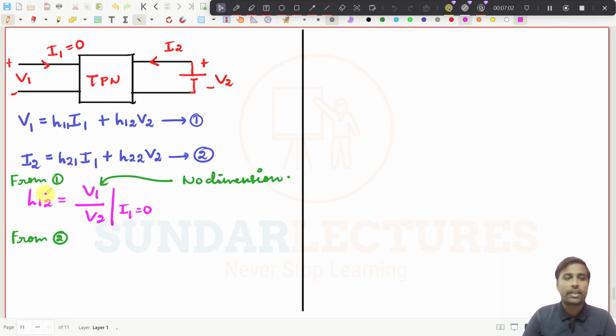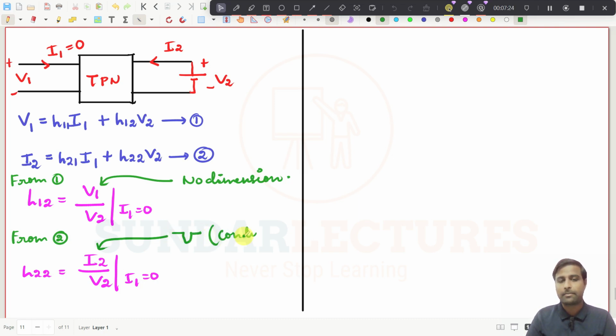Obviously, you will get this term to be 0. So H22 will be equal to I2 by V2 with respect to I1 equal to 0. And what is the dimension for this one now? Obviously, this dimension will be opposite to ohms, and you can call it conductance.